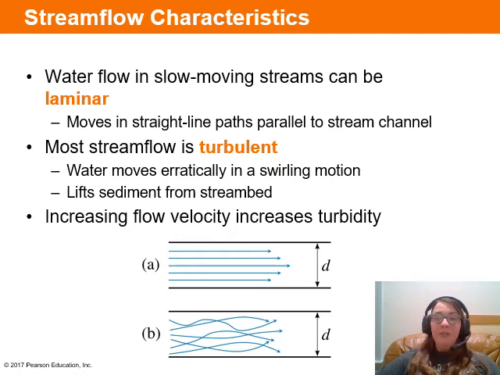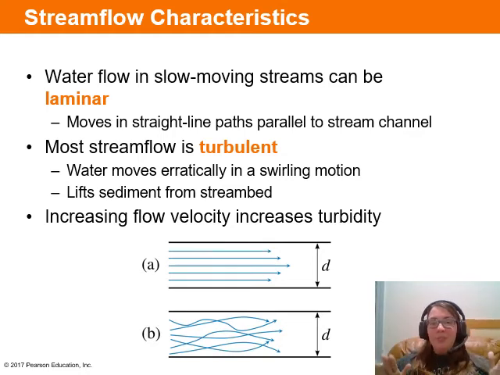But this isn't the most common type of stream flow. Instead, most stream flow is turbulent. This just means that the water is moving around erratically. It's moving in all possible directions, just trying to get out of the area. And we see a turbulent flow down here in part B. Now it's not these nice smooth layers of water moving through. Instead, the water is moving in every possible direction, trying to quickly get out of that area.